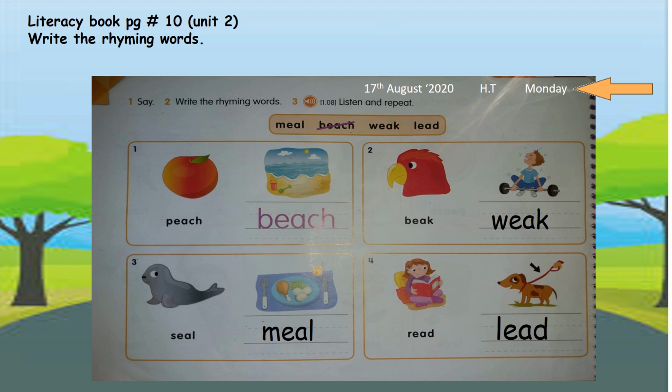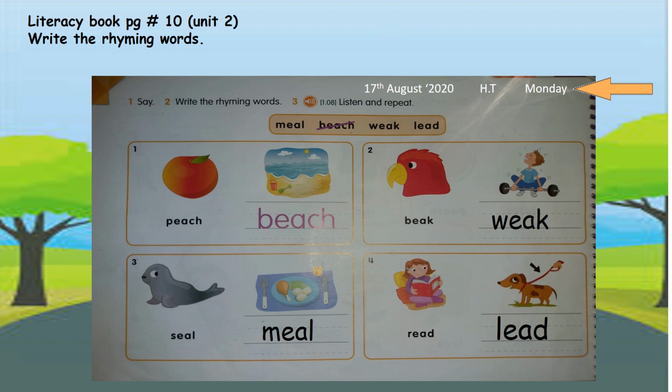Look at number 2. There is a picture of a bird, and what is written under that picture? Beak. Okay. Now the next picture is of a boy. He is trying to pick up the weight, but he cannot pick it up.